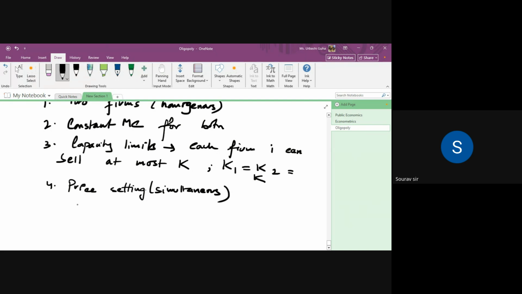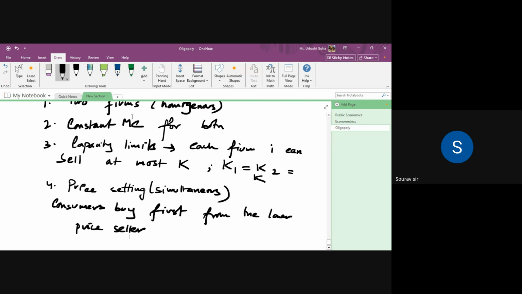So here, consumers buy first from the lower price seller first.